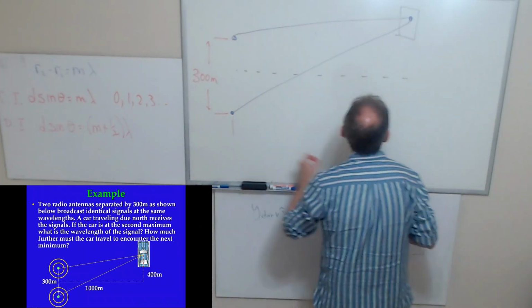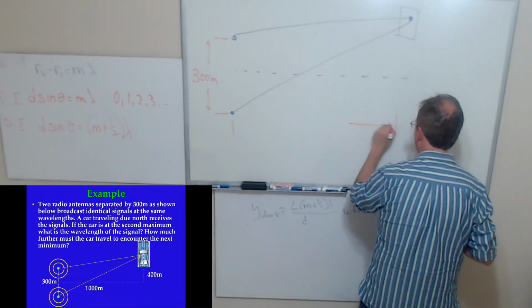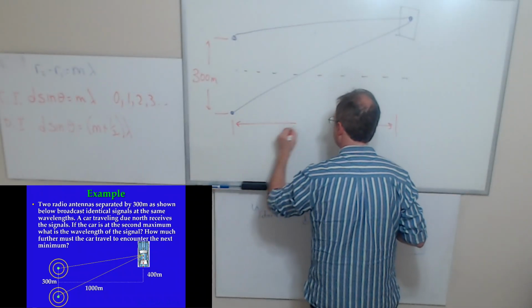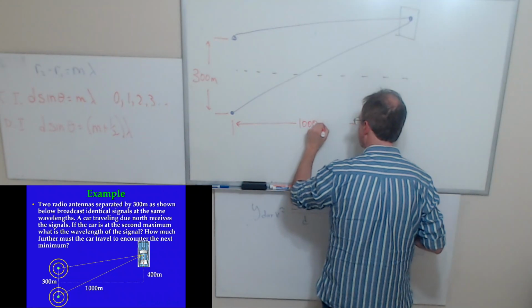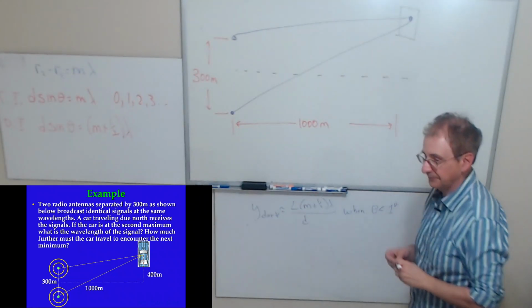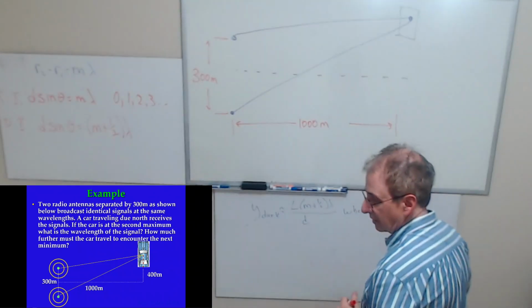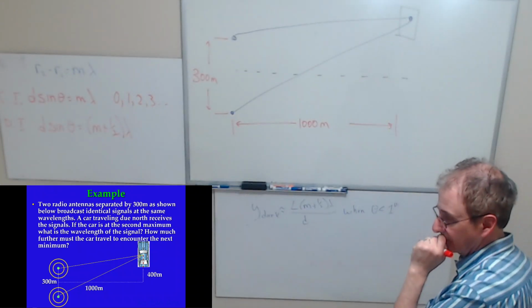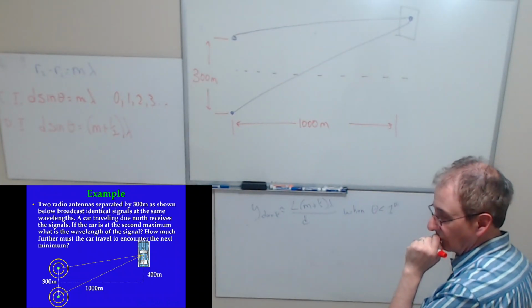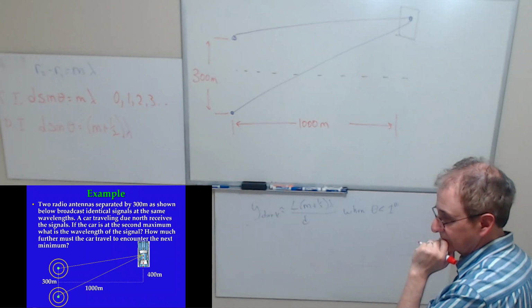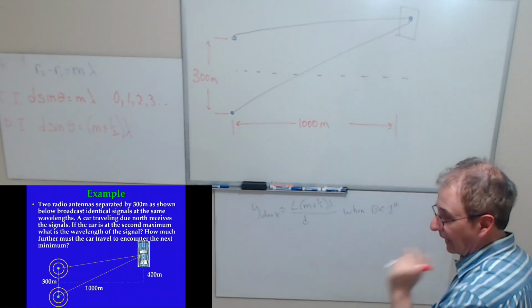And this distance is 1,000 meters. And we want to calculate the wavelength.